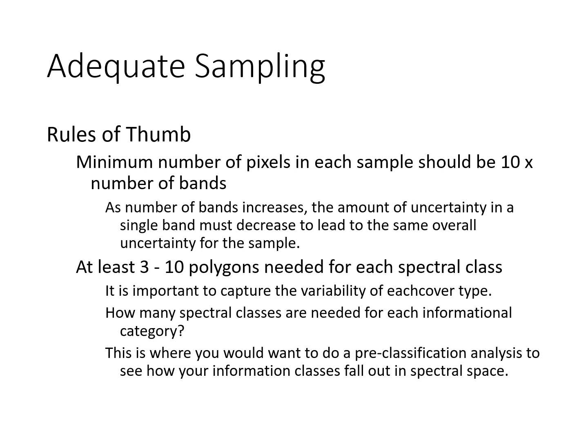Some rules of thumb on adequate sampling. The minimum number of pixels in each of your training data samples should be about 10 times the number of bands. That's because as the number of bands increases, the amount of uncertainty in a single band has to decrease to lead to the same overall uncertainty.